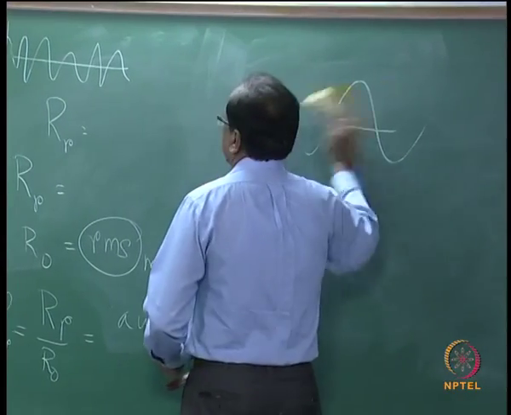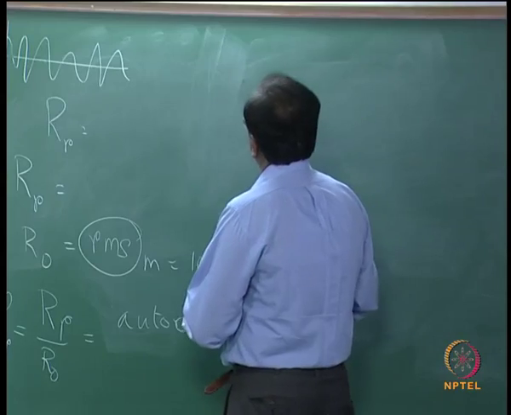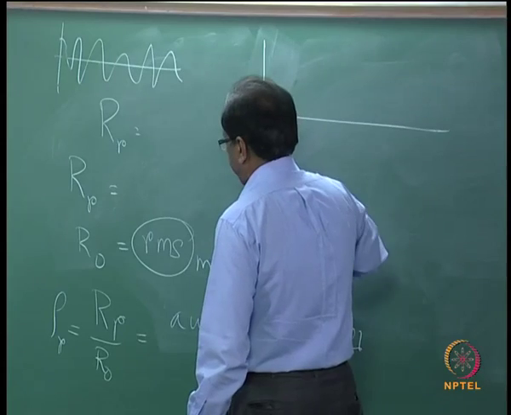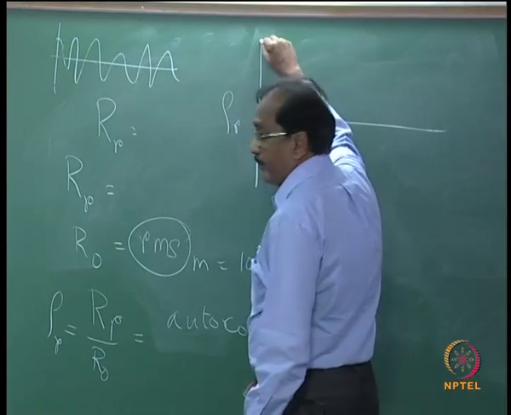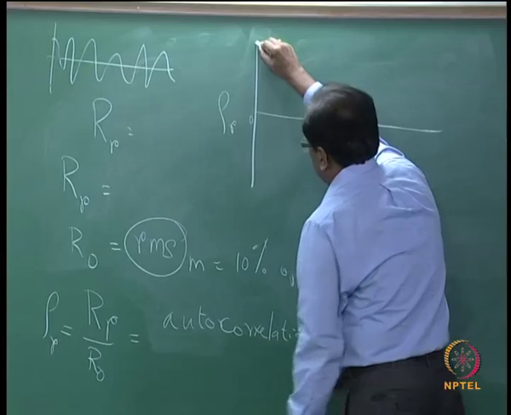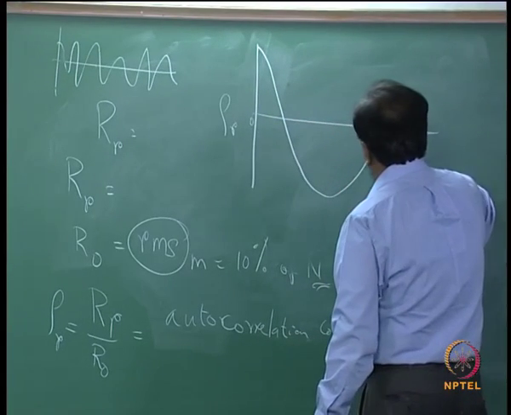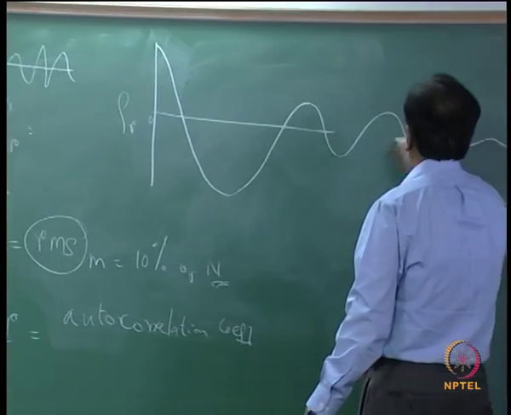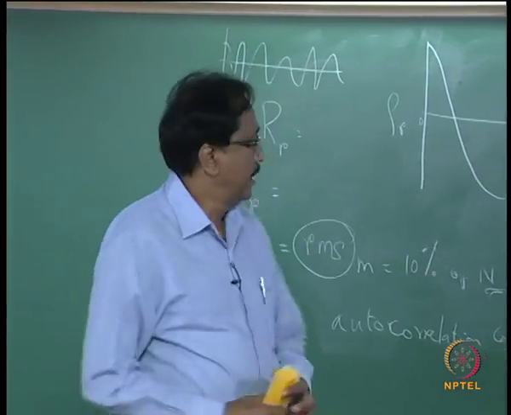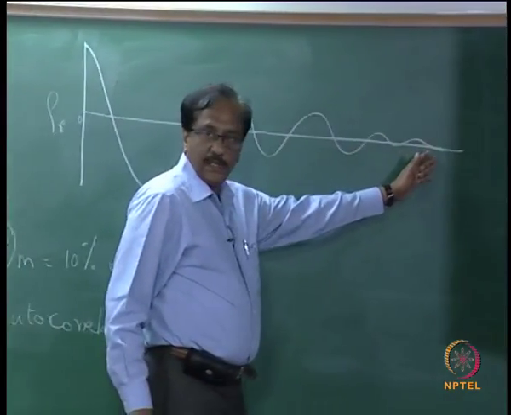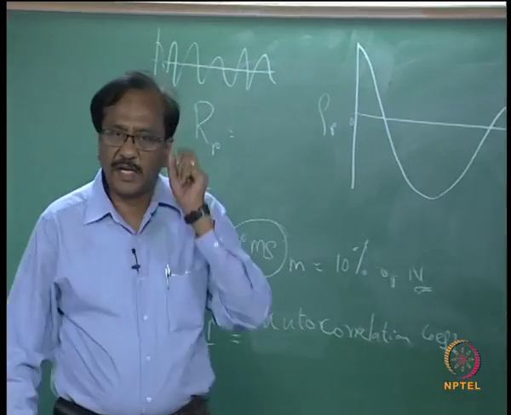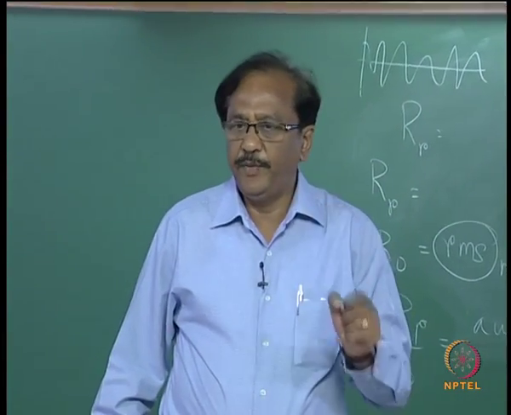If you have a random time history, the autocorrelation coefficient will vary, with a maximum of 1 at the 0th lag, because look at this expression. So it will be varying like this. If the autocorrelation coefficient dies down very quickly, then we say that this is really a random phenomenon, a random wave.